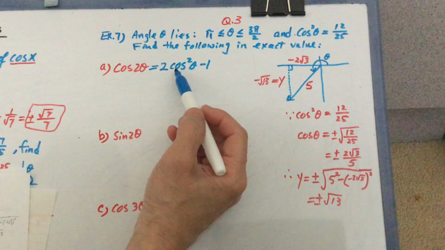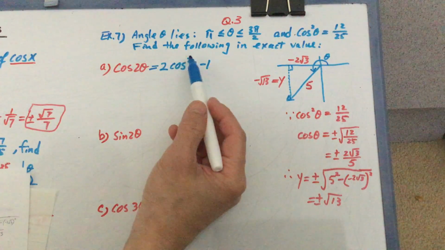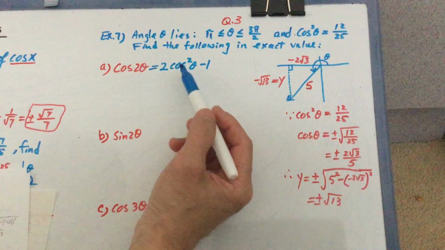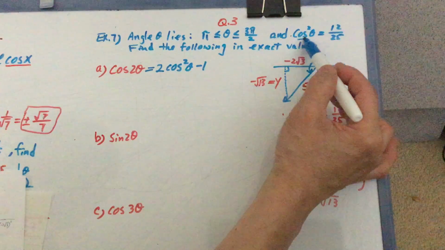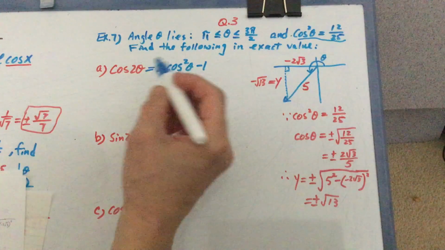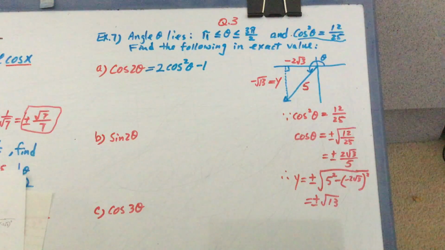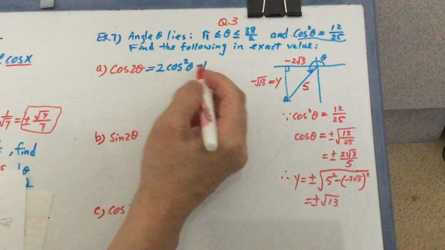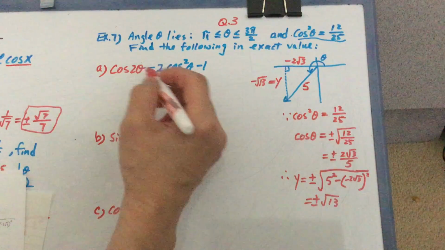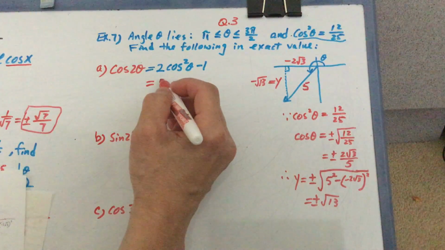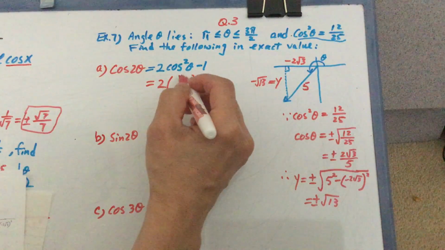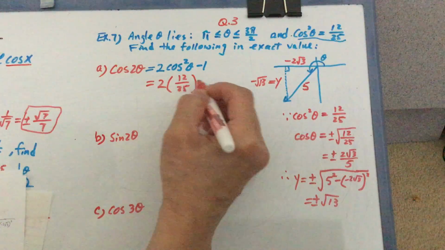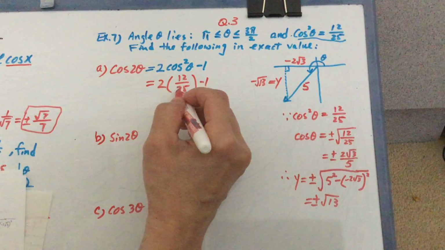So I stick with either 2 cos square theta minus 1 or 1 minus 2 sine square theta, but because the question is already given this information, it will be much easier if we choose this formula for the double angle. So I can take 2 times what is given, 12 over 25, and minus 1.